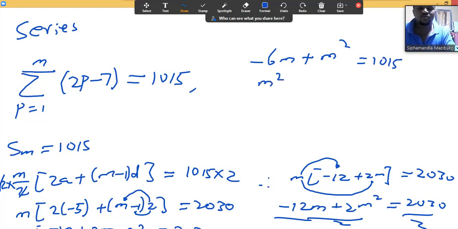We have m squared minus 6m minus 1015, equal to 0. So we need to look now at factorizing.